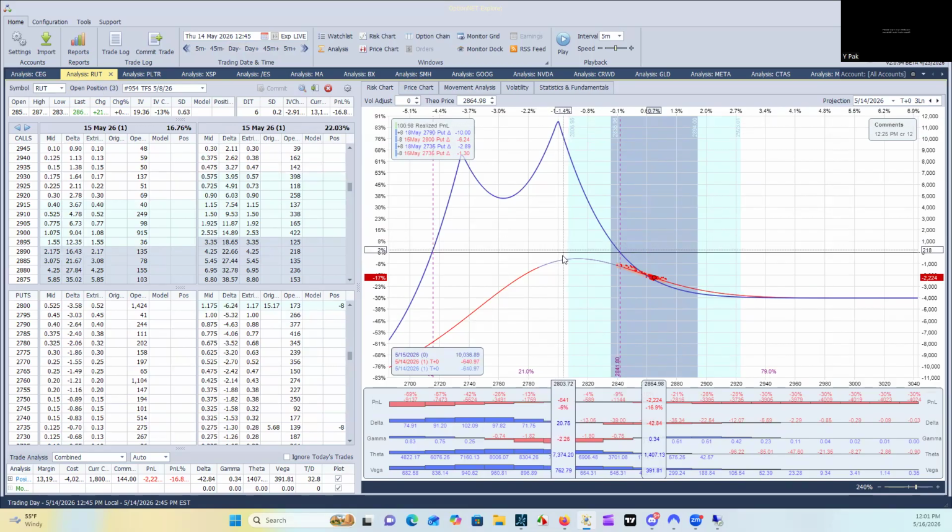So I decided that was worth the risk to lose 4,000 to make, anywhere in between here, 6,000 to whatever. But I'm not going to aim for that much. So let's see what happens after I made that adjustment. So we'll go in time, 45 minutes.